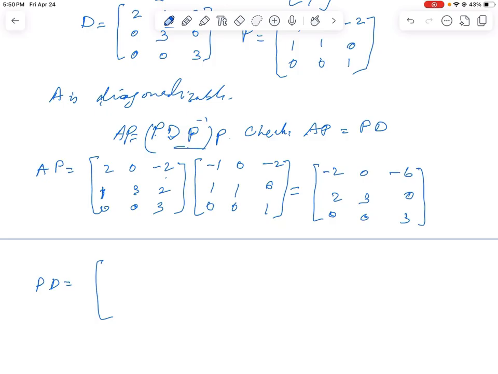So P is as above and D is 2, 0, 0, 0, 3, 0, 0, 0, 3.